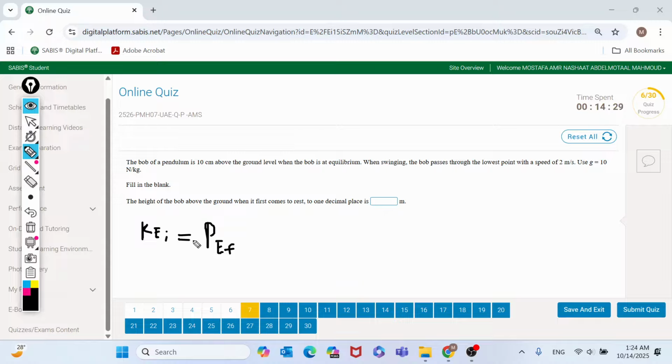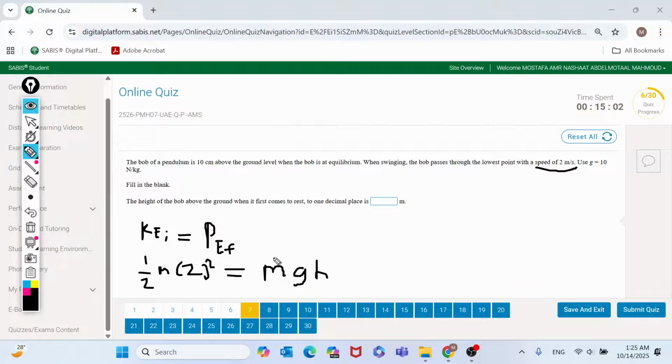The initial kinetic energy of the bob is 1/2 mv squared. Speed is 2, so it's times 2 squared, and this equals the final potential energy, mgh.